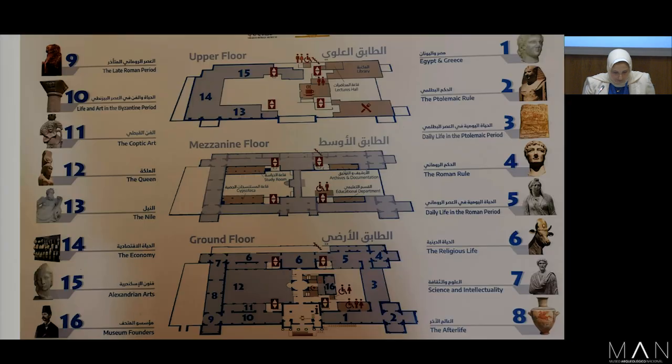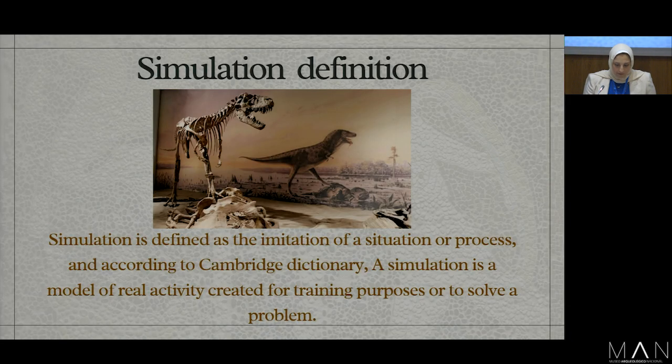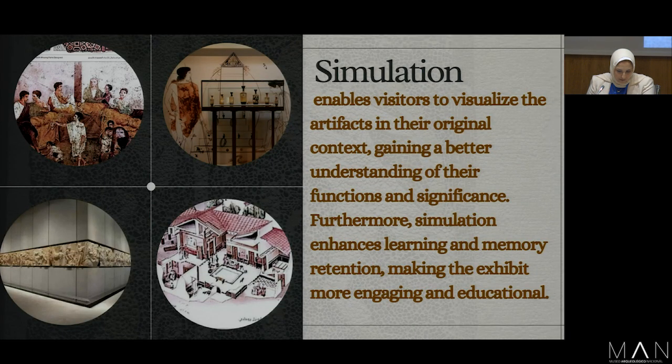Simulation is defined as the imitation of a situation or process. According to the Cambridge Dictionary, a simulation is a model of real activity created for training or to solve a problem. By employing simulation within the museum display, the aim was to address the challenge of comprehending archaeological artifacts removed from their original sites. Simulation enables visitors to visualize the artifacts in their original context, gaining a better understanding of their function and significance.